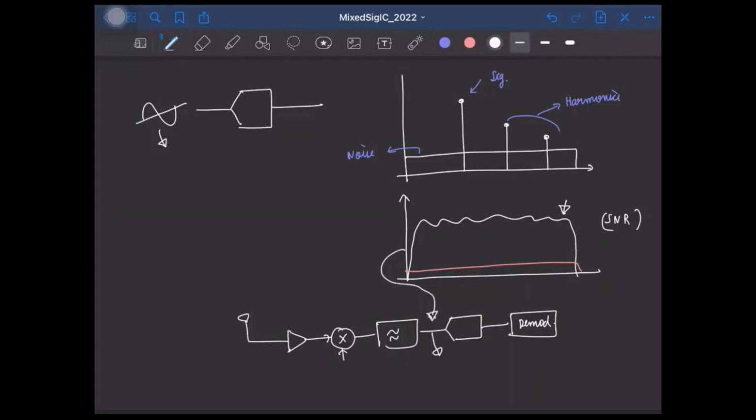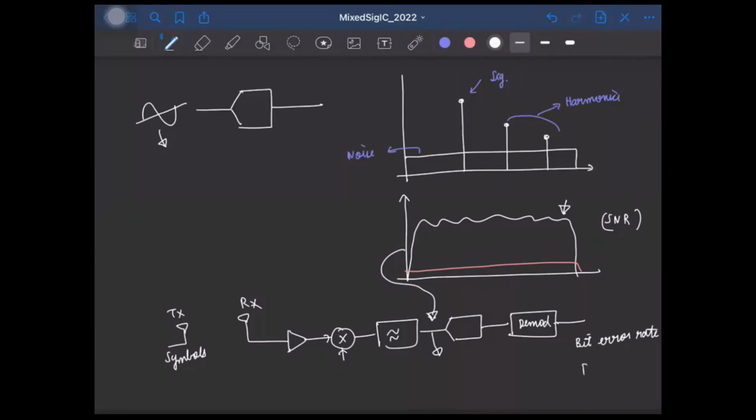But in this system, what we are finally interested in will be something else. Here we may be interested in bit error rate or symbol error rate, right? So what this means is that this is the receiver, and in the transmitter we'll be transmitting some symbols or some bits, right? And after demodulation, we will find what percentage of errors we are making, right?